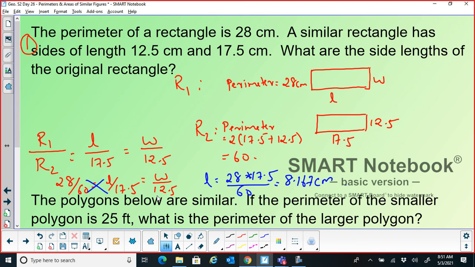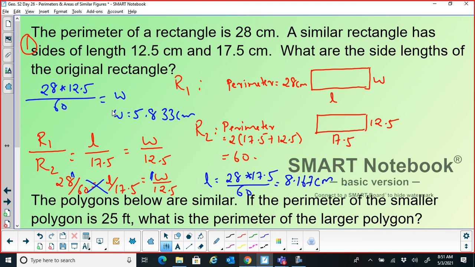To get the width, once again I'll have to multiply 12.5 with 28, so just compare these two to get the width. 28 times 12.5 equals 60W, so dividing by 60 on both sides, once again you'll get W. 28 times 12.5 is 350, dividing by 60 I get 5.833 centimeters.